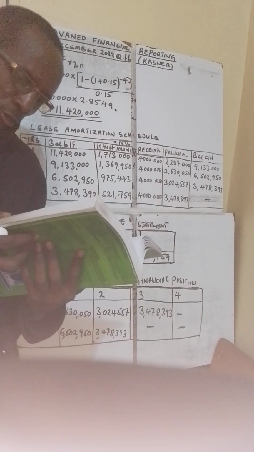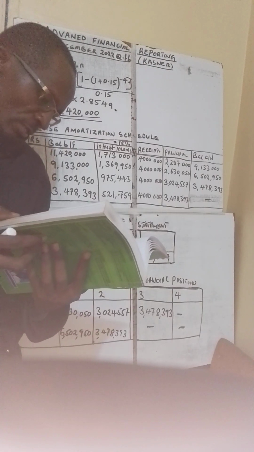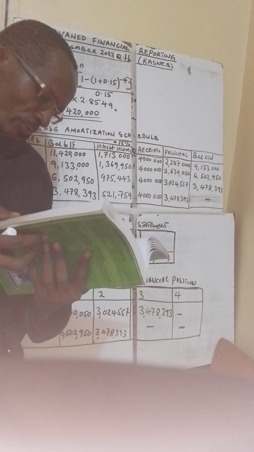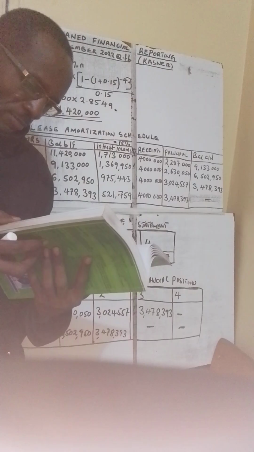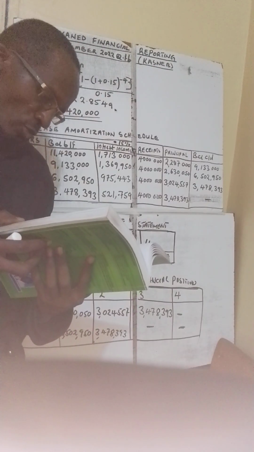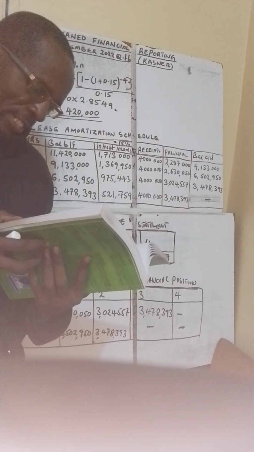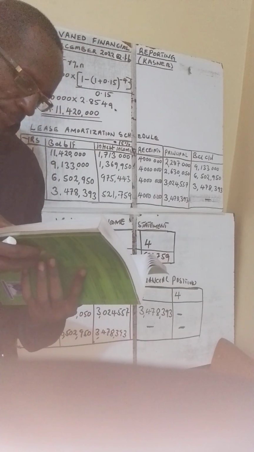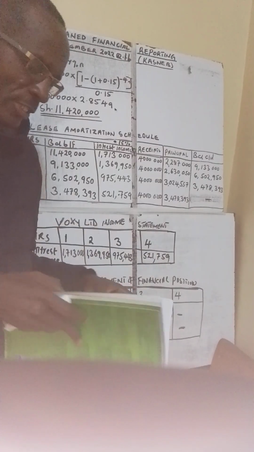The implicit rate of interest in the lease is 15% per annum. Required: demonstrate with suitable calculations the accounting treatment of the above lease transactions in the financial statements of Vox Limited, who is the lessor, for the years ended 30th June 2023, 2024, 2025, and 2026.